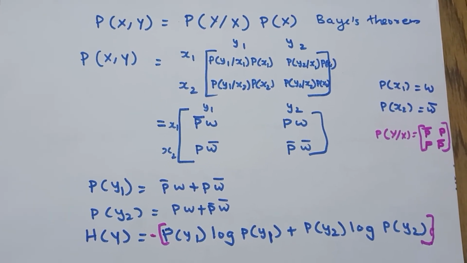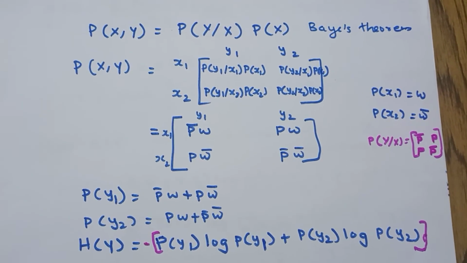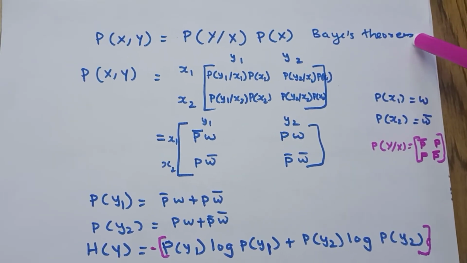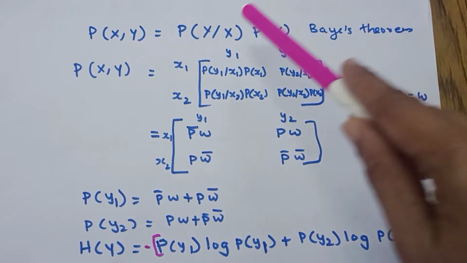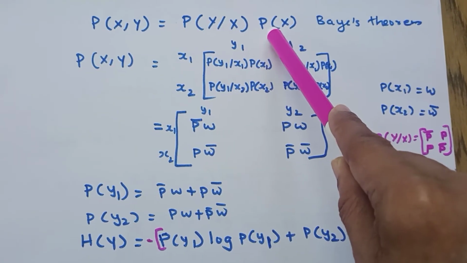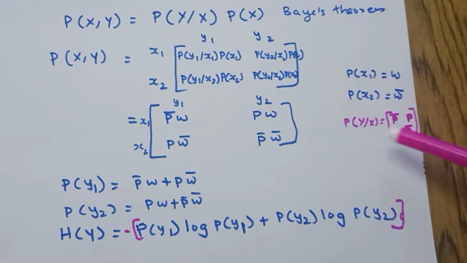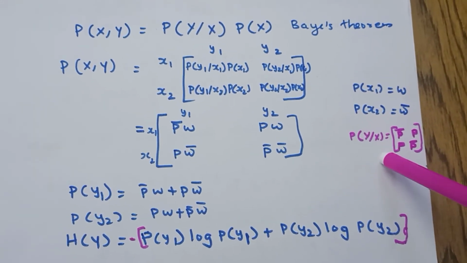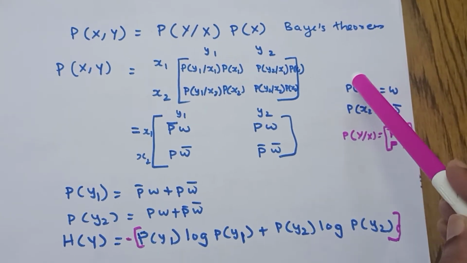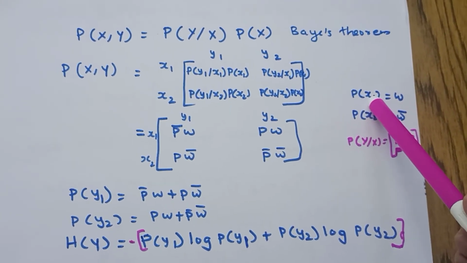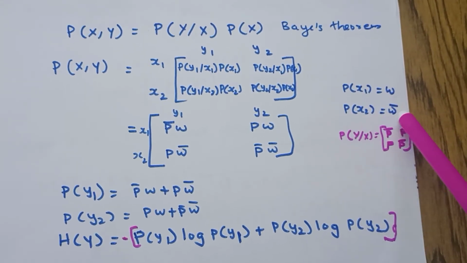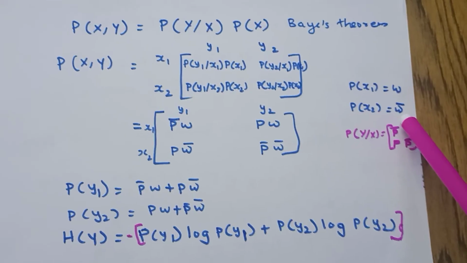Next, we want to find H of y for getting the mutual information. We know that as per Bayes' theorem, P of x comma y is equal to P of y given x into P of x. We have P of y given x, the channel matrix, as P bar P, P, P bar, and let the probability of x1, the first symbol, be w, and the probability of x2 be w bar.